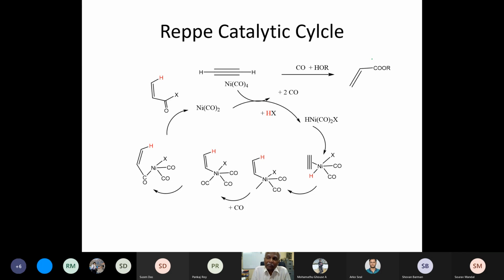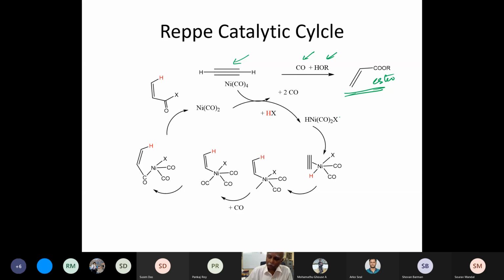So Br can be there, HBr can be there. And that HBr is regenerated at the end of the catalytic cycle. So we do not have to worry about it. You are going to add carbon monoxide, alcohol, and an alkyne to generate this ester.